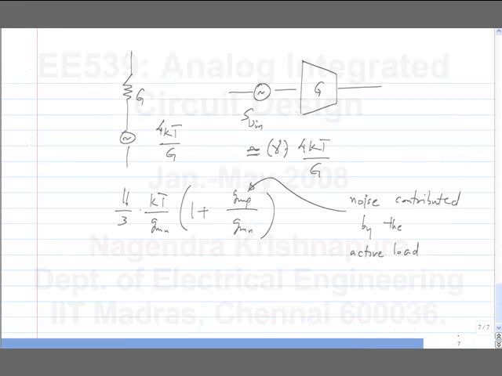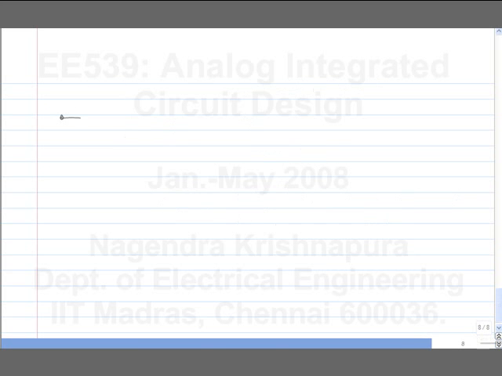So, this is the noise contributed by the active load. Now, the circuit that was in the quiz was different from the differential pair we were discussing, but it is similar in many ways. Okay. Why did we put the active load in the differential pair? To increase the gain. So, we wanted to have a high impedance. We had this circuit.